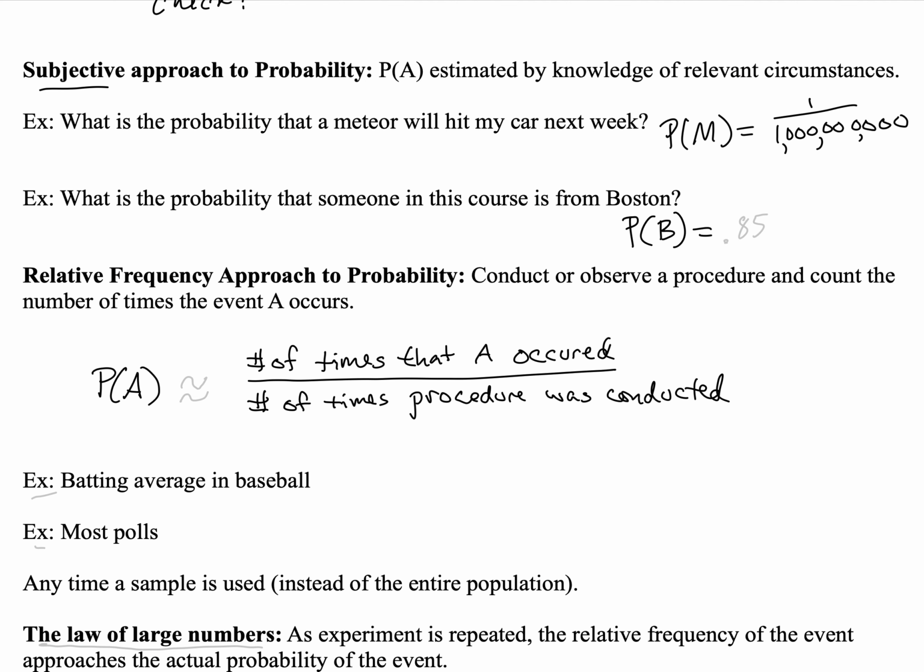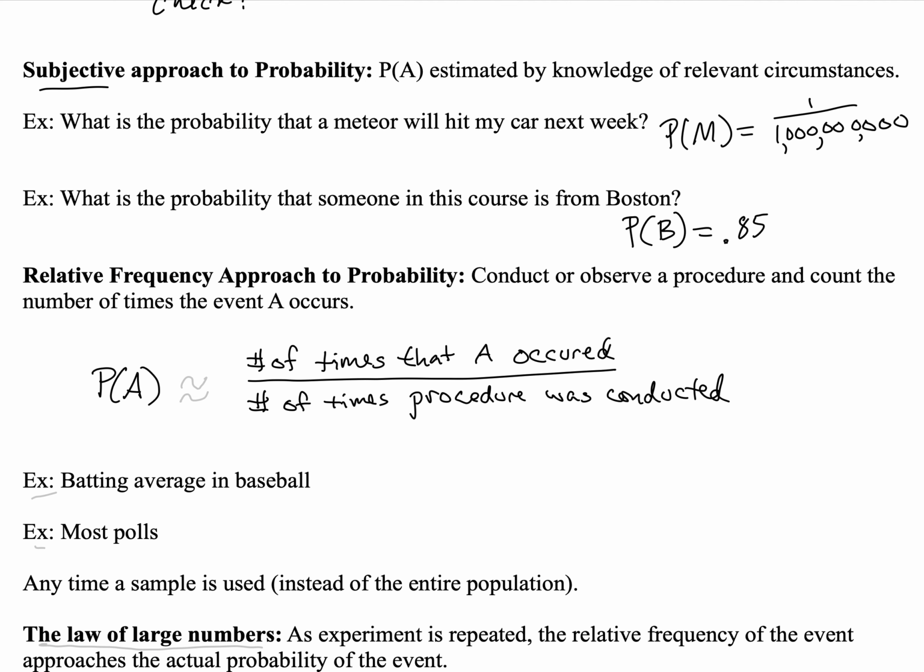But if you're not from Boston and you're not certain that anyone else is, but you think it's pretty likely, you could say 0.85 or something like that, that there's an 85% chance that someone in this course is from Boston. You might have said 95% or 0.95 or whatever, but unless you know for certain that someone is, 1 isn't quite correct, but it's more likely than not that someone is from Boston.